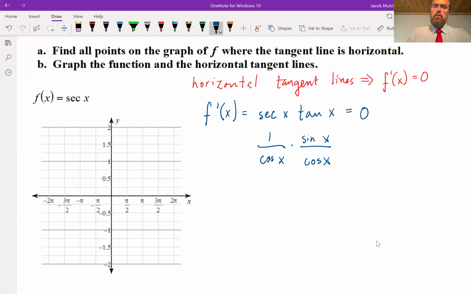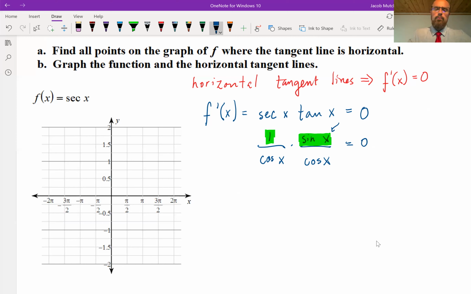And when I look at my two numerators, so really I'm not focusing on the cosine denominators at all, I'm just looking at the 1 and the sine of x. I'm really thinking that the only way I could get a product of 0 there is for this sine of x to have the value of 0. Because if it were 0, 0 divided by anything is 0.